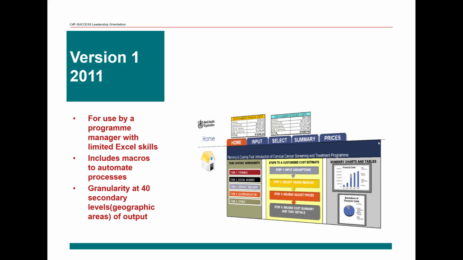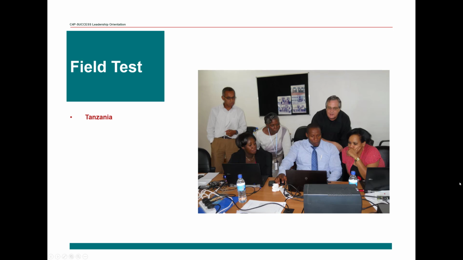We did include macros to automate many processes, and we later found that that was not a great way to go. But we also had 40 secondary levels. So in this version 1 of the tool, you could have 40 different scenarios going on in 40 different geographic areas. It was an interesting field test.